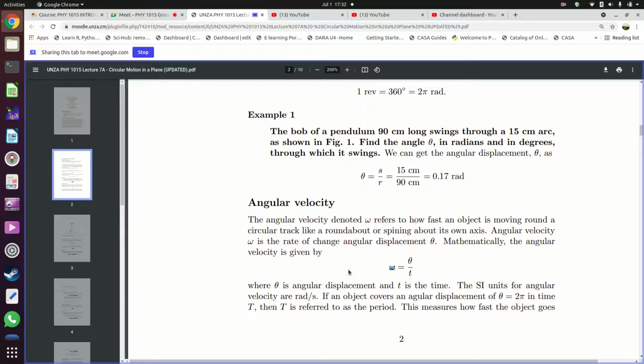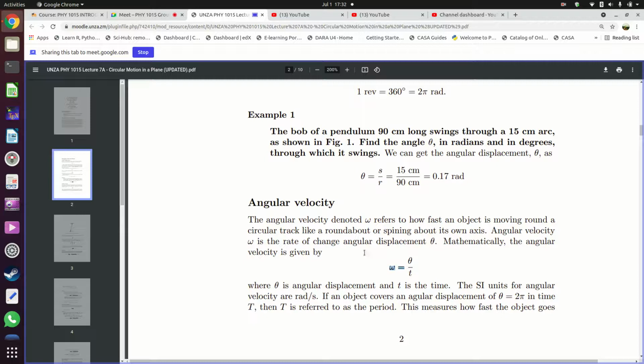So this angular velocity measures how fast an object is moving in a circular track, or how fast an object is spinning on its own axis. What looks like W here is a Greek letter called omega. So this omega is what we use to denote the angular velocity.